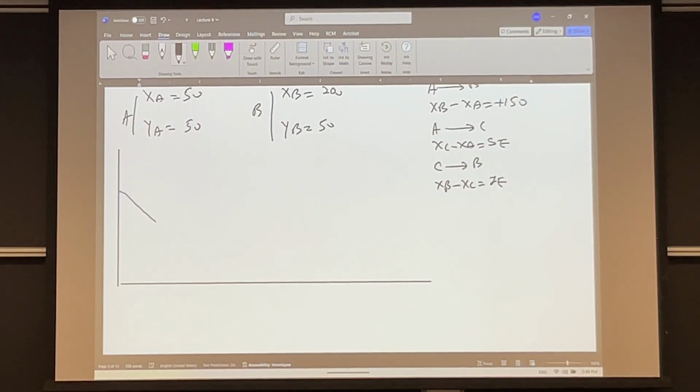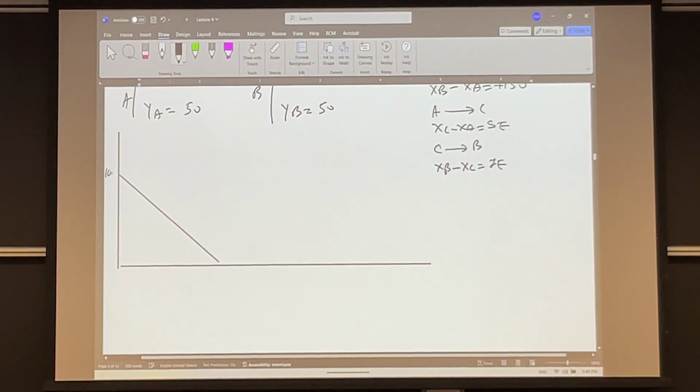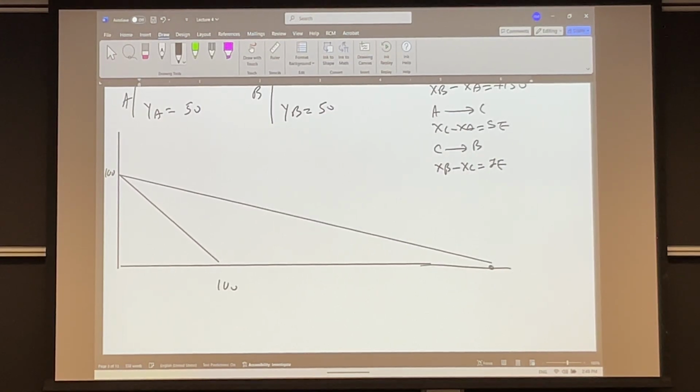That's the initial budget line. Was it 50 or 100? That is the terminal budget line. How much should this be? Anyone?